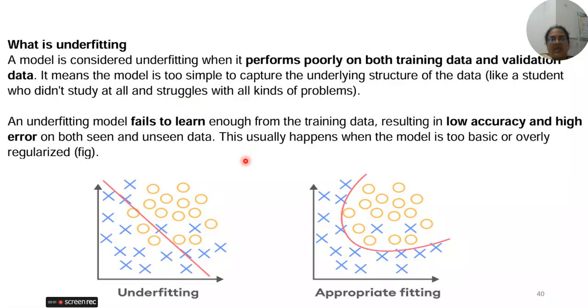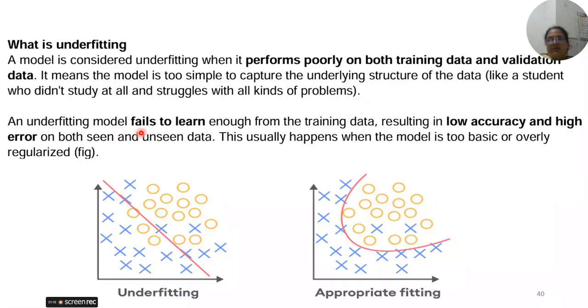Even if the training has happened, the student didn't study, so he is not getting the concepts, and that's why the performance of that model is going to be very poor. So underfitting is caused when it performs poorly on both training and validation. If training is not done properly, how can validation be done? That is the main reason for underfitting.